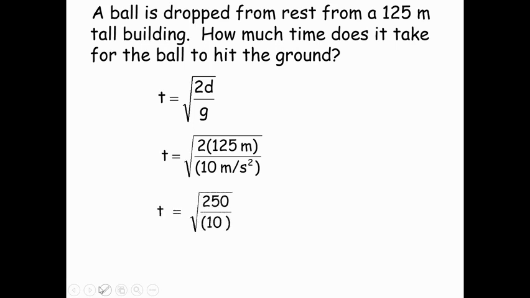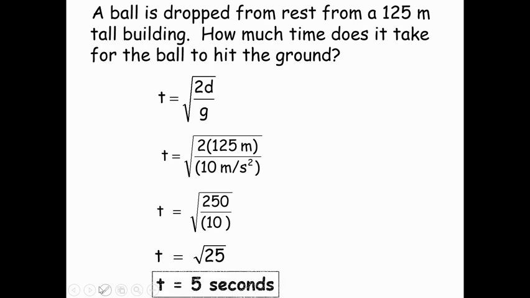If we simplify this step by step, 2 times 125 is 250, divided by 10 is 25. We can then take the square root of 25 to get our final answer, a time of 5 seconds. So it will take this ball 5 seconds to fall 125 meters.